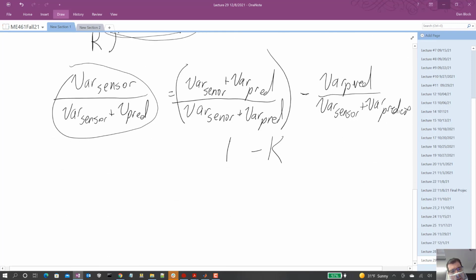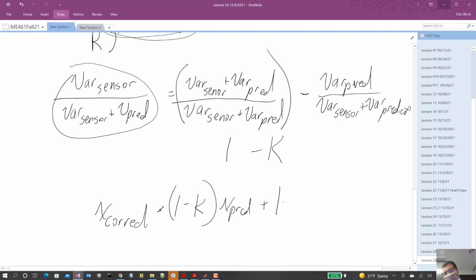So we have that x correct is equal to 1 minus K times x predict plus K times x sensor.